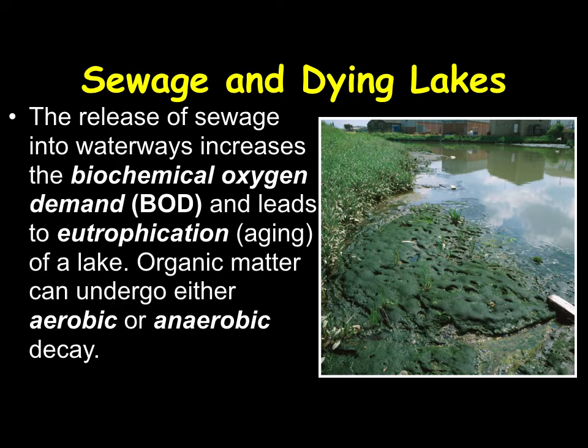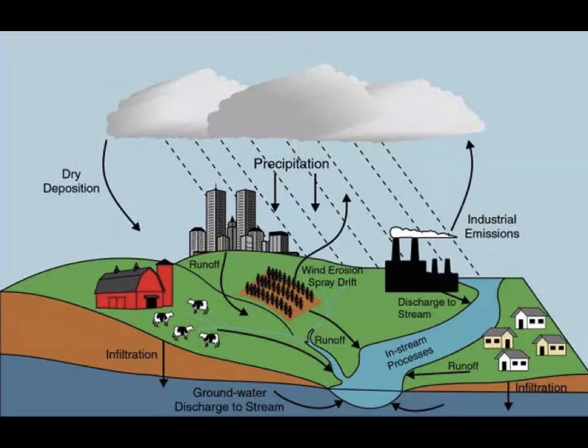Eutrophication is a natural process that can be accelerated by the presence of waste. If you've ever gone to a lake and seen gross green stuff floating on the top and it smells pretty bad, that typically is a eutrophication sign. There are a lot of different processes that can cause sewage and contamination to get into our lakes.